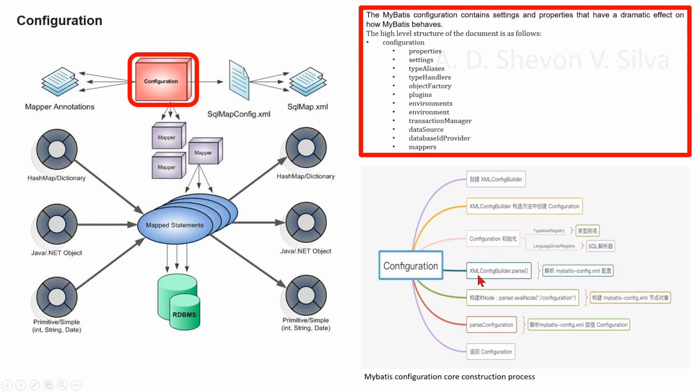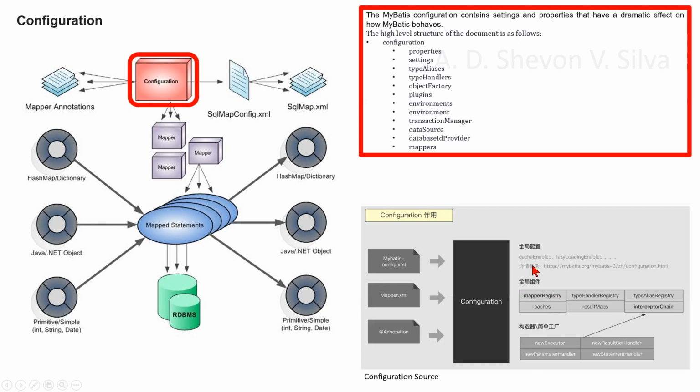Here the XMLConfigBuilder.parse method is connected to mybatis-config.xml. Here the XNode.evalNode method is connected to mybatis-config.xml. Here parseConfiguration is connected to mybatis-config.xml configuration.